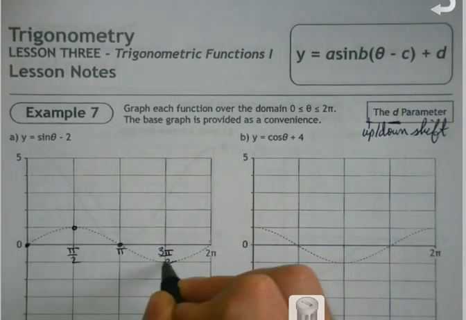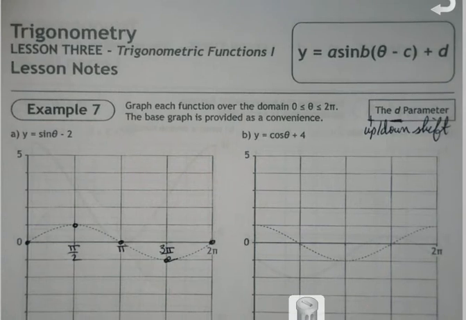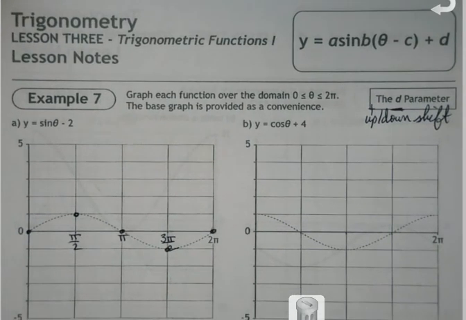And I like putting the dots on them so I can remember, okay, those are the spots that are going to help me. And then I just got to follow the directions to get to my next spot. And again, you can use the calculator, but who wants to get into all this crazy business? So what do you think that -2 is telling me on letter A? Down 2.